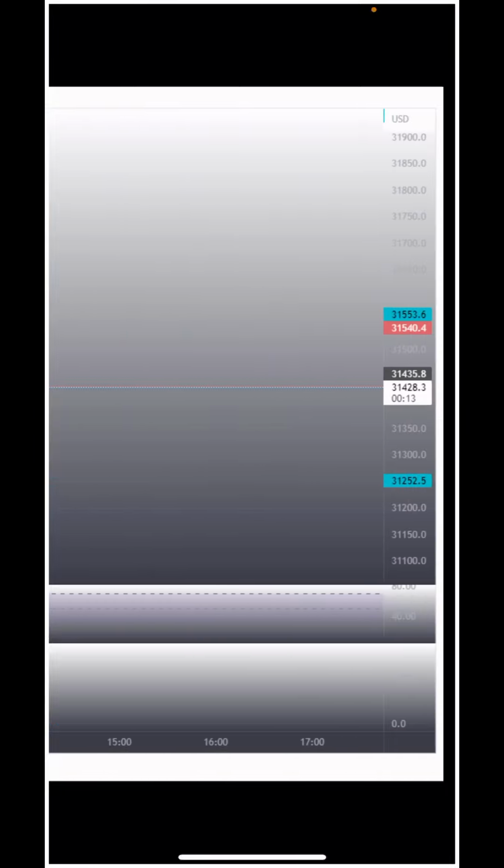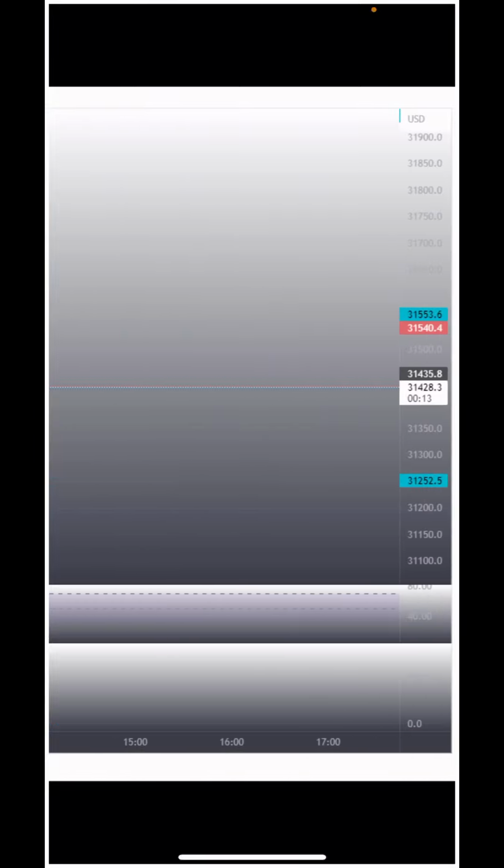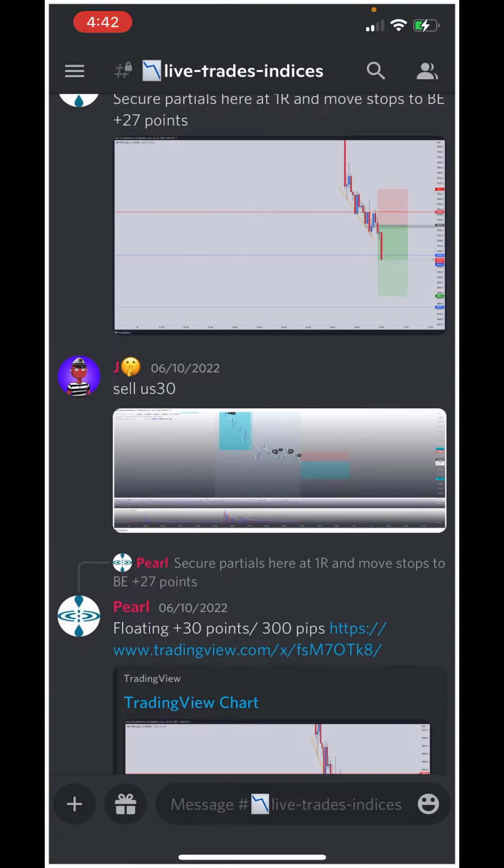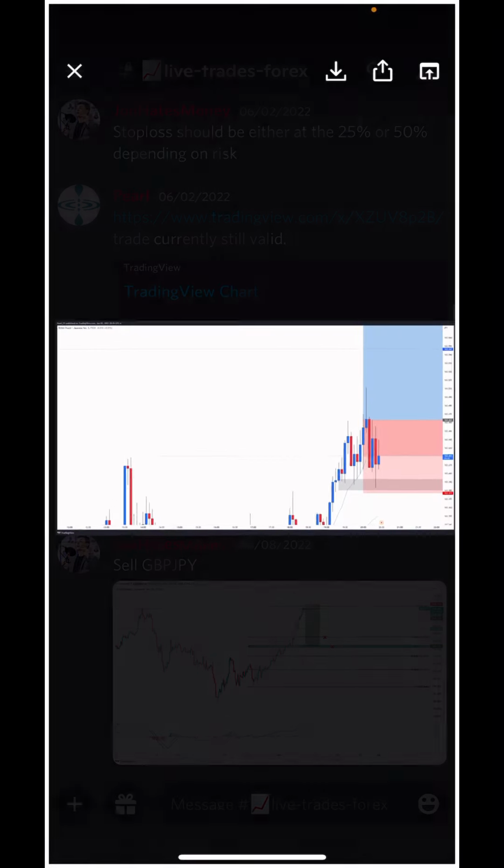On the right-hand side, you'll have a red value, this 31,540, that's your stop loss, and your 31,252, that's your take profit. How do you know if it's a sell or a buy? Well, normally we would say sell or buy, but if that wasn't sent in there, all you'd have to do is look at the direction of the red and the blue. So if the blue is on the bottom, that means it's a sell, and if the blue is on the top, that means it's a buy.